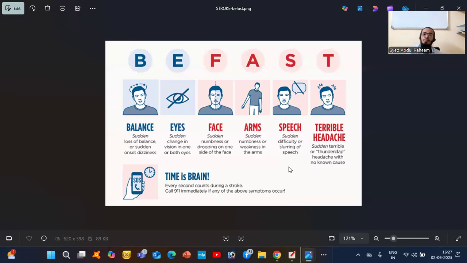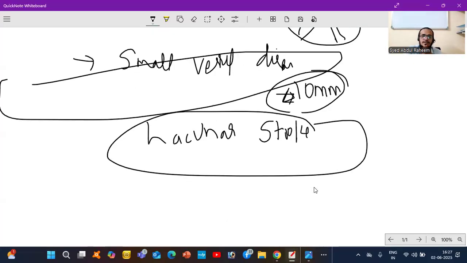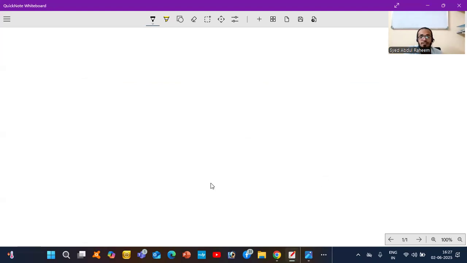So you have to act fast if you want to reverse the damage or stop the damage to a certain extent. You have to call the hospital or ambulance, and according to that, the doctor will treat. So here you have the time. How can we identify the timeline? Let's discuss that. This disease can be divided into four stages.